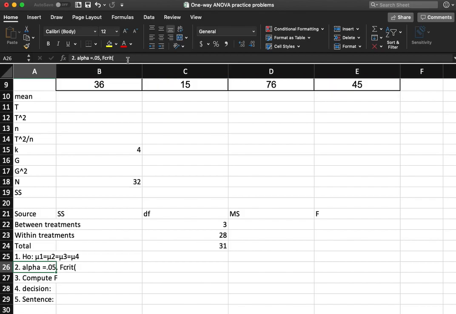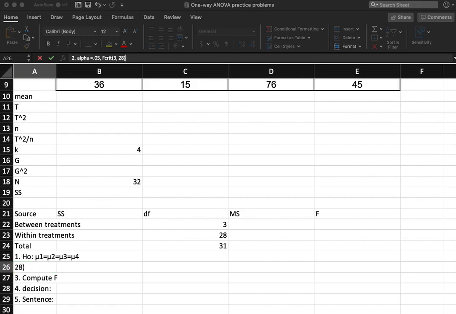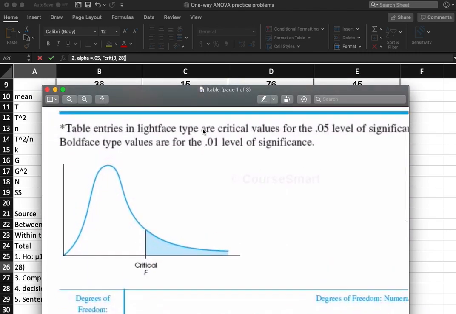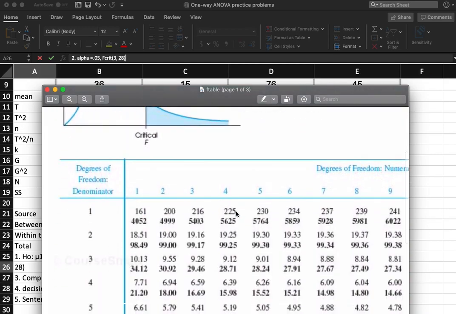So our F crit is going to be evaluated as 3 and 28 degrees of freedom between and within. Let's go to our F table and check it out. It's around here somewhere. There it is. Back to the top, entries in light face are critical values for 0.05.